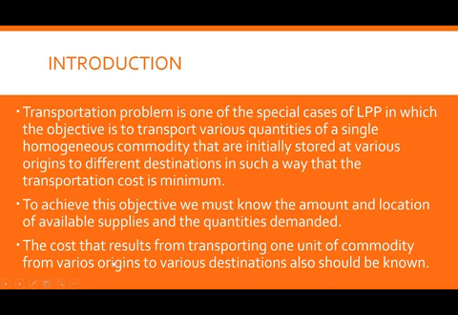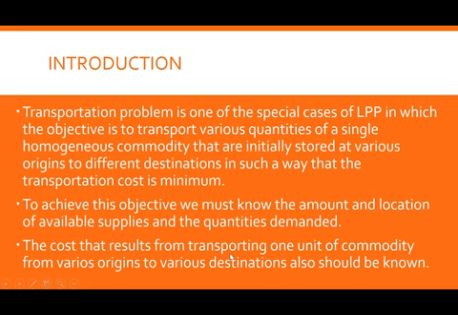The cost that results from transporting one unit of the commodity should be known. Right, if I am moving one unit of the item from source i to destination j, then the cost incurred for this should be known to us. Fine? Hope you've understood.